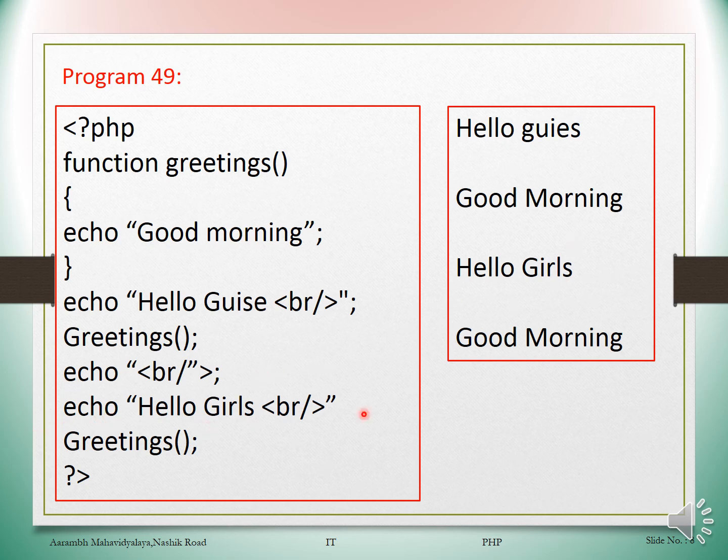Again echo hello girls. This line will get executed and displayed. And again we have called the greetings function, which will display good morning on the next line. Got it? In this way we can declare the function only once and use it multiple times.